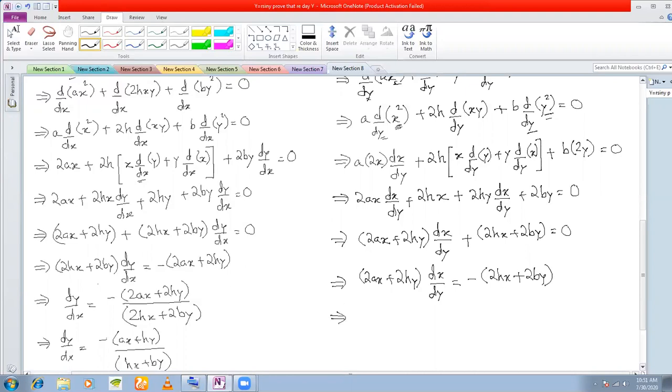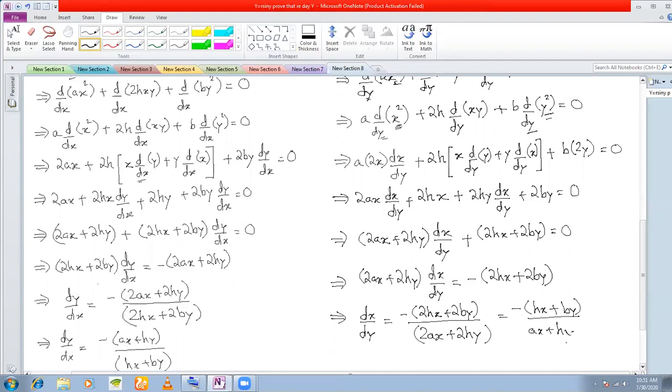That means dx/dy is minus (2hx plus 2by) divided by (2ax plus 2hy). Now you can cancel out the 2 to get minus (hx plus by) divided by (ax plus hy).